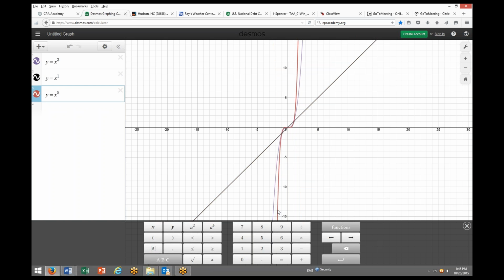You'll notice it's similar to y equals x to the third, but it comes up more steeply from the lower left and goes up more steeply to the upper right. Still going through the origin, of course, still only in quadrants 1 and 3. But it's, again, coming up from the lower left and going up to the upper right.